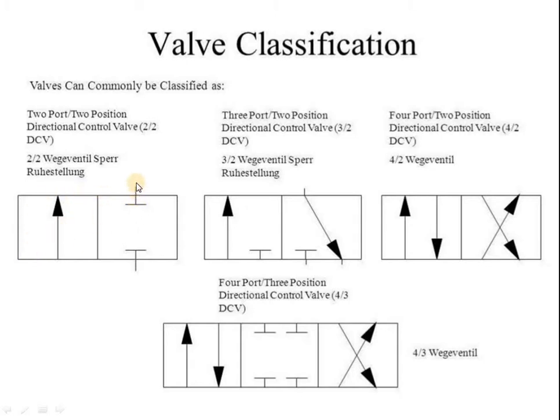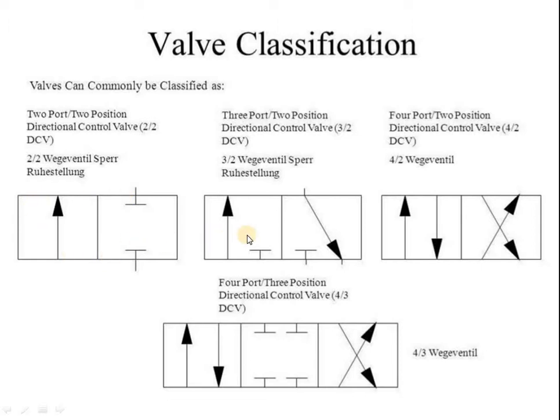In this symbol, this is one port and this is another port, so it consists of two ports. And 2-position means there are two rectangular boxes: one box is one position and the second box is another position. So you can call this a 2x2 valve, meaning a 2-port, 2-position DC valve.